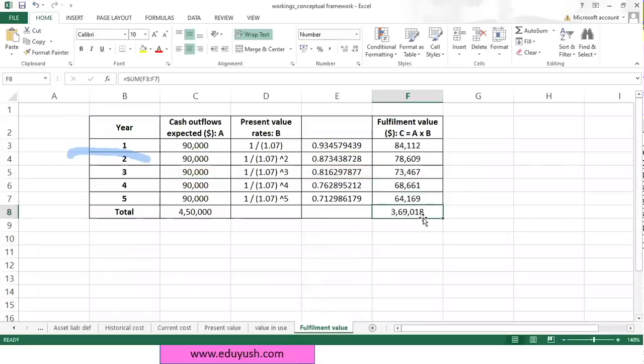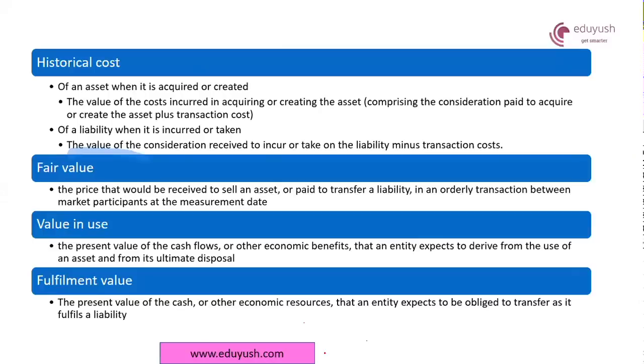That means the fulfillment value is 369,018, and the difference between 450 and 369 will be recorded as interest. Is that clear? The present value of the cash or other resource an entity expects to be obliged to transfer in order to fulfill a liability is called the fulfillment value. Is that clear?